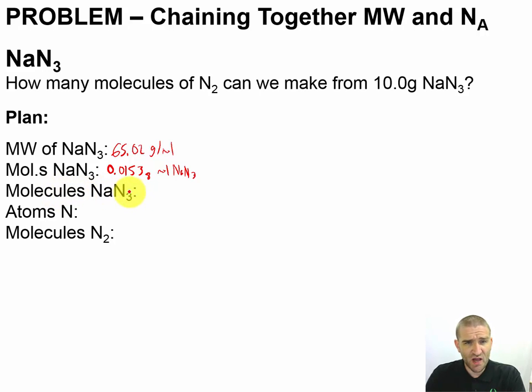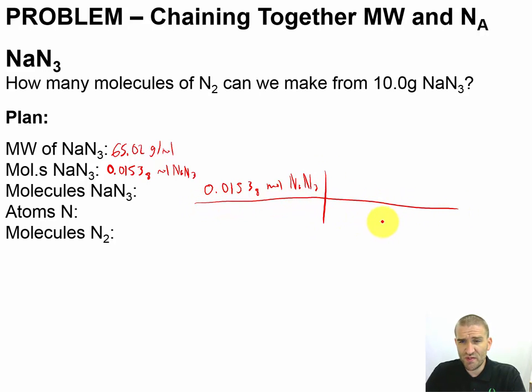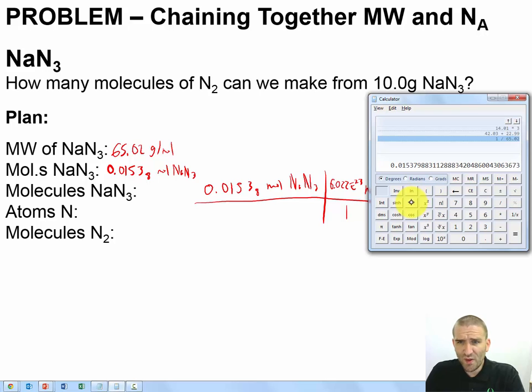Next up, we've got molecules of NaN3. Now to do that, I do moles into molecules. 0.01538 moles of NaN3. Got to get from moles into molecules. I'm going to abbreviate it molec. So I'll have 1 mole of these equals 6.022 times 10 to the 23rd. Okay, now we're going to go ahead and grab our calculator. We have this number.